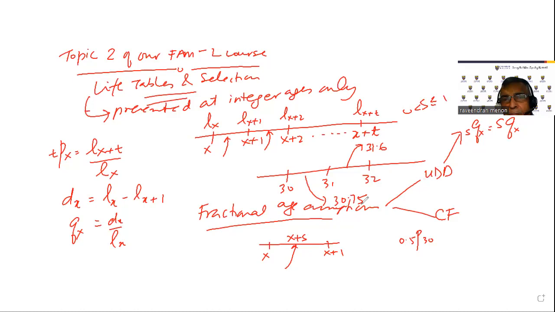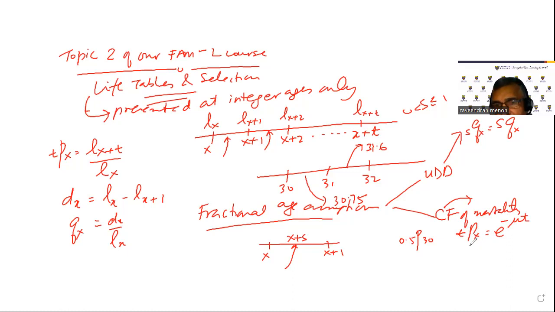So under constant force, we will say the force of mortality remains constant, where the force of mortality does not change between integer ages. The famous formula is tPx equals e to the power of minus mu t.